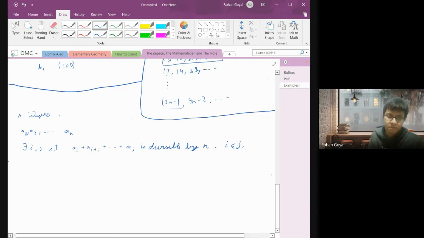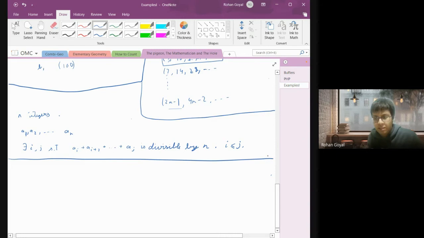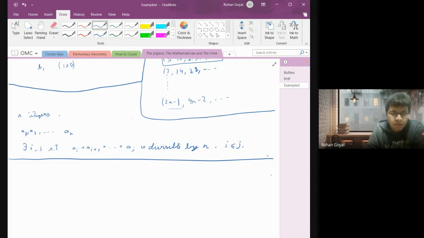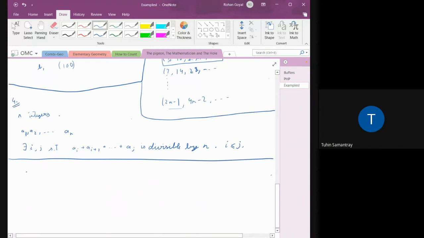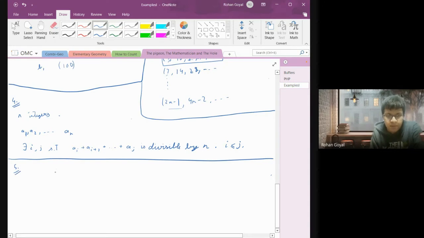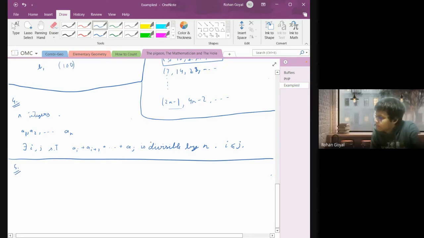Not n plus 1. We can just consider like a1. If you know the answer, just hold it for a moment. Okay, this is one problem to try. This is like the fourth problem, right? So i and j can be any numbers under n, right? Yes. And i and j can be equal also, right? Yes. Okay.